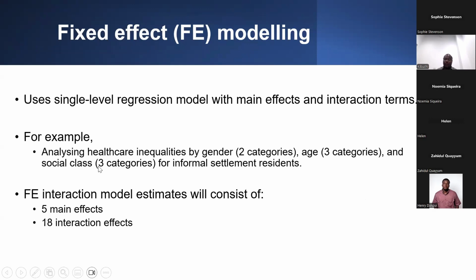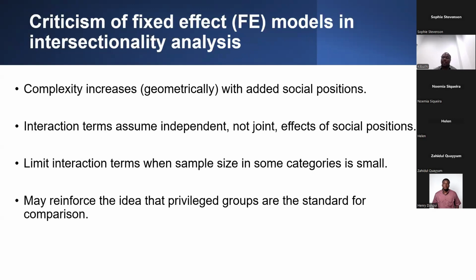But we know that your gender, your age, and your social class work in tandem with each other to influence your healthcare access. So that's another disadvantage of interaction-based terms: it assumes independence and not joint effect.